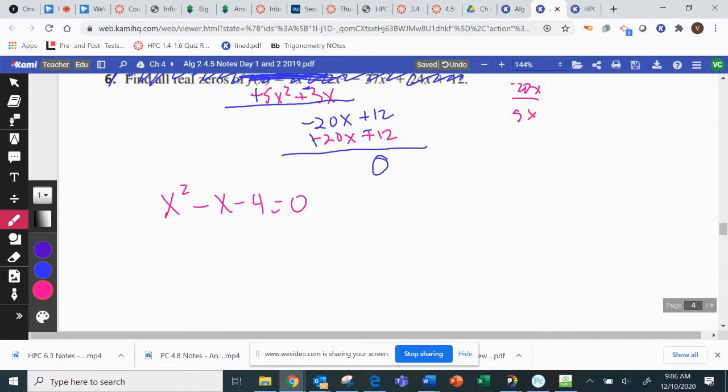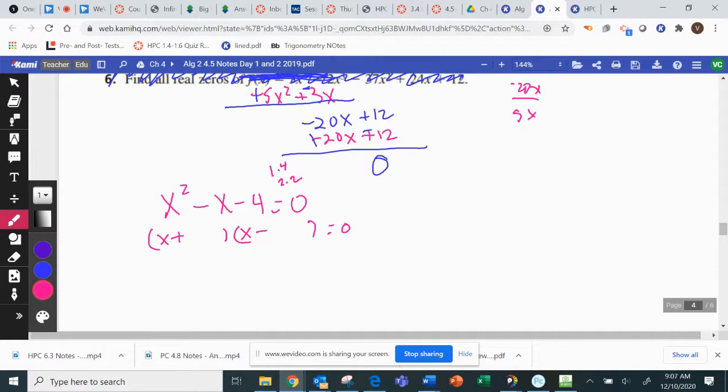Will this factor? So the factors of 4 are 1 and 4 and 2 and 2.